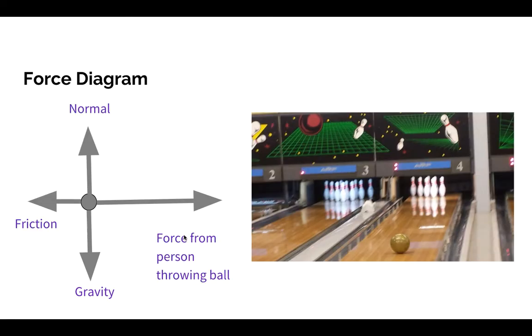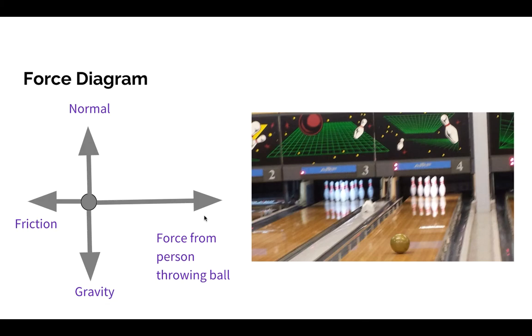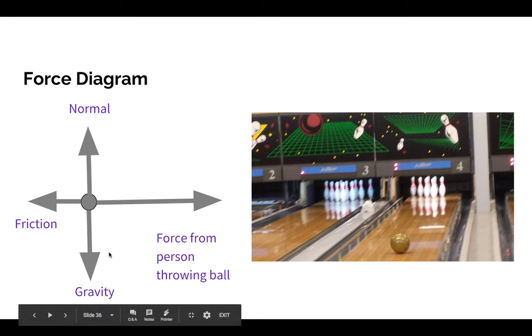Here we've got a whole bunch of forces acting on the object. So if a person throws a bowling ball, we've got the force from the person throwing the ball and friction acting against it. We've got gravity pulling down the ball and the normal force holding it up.